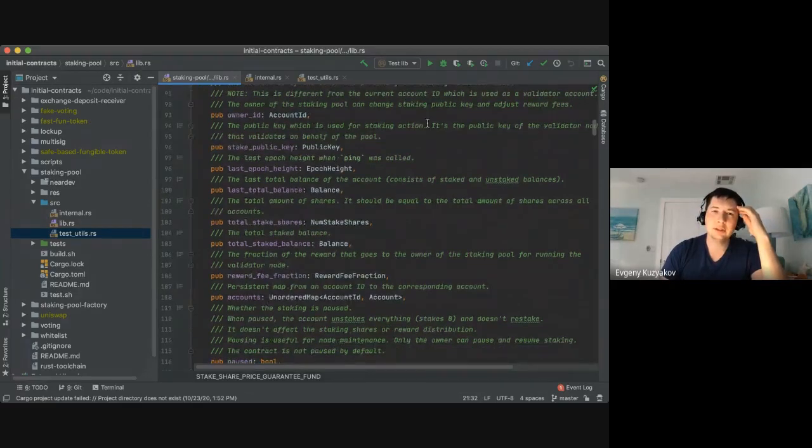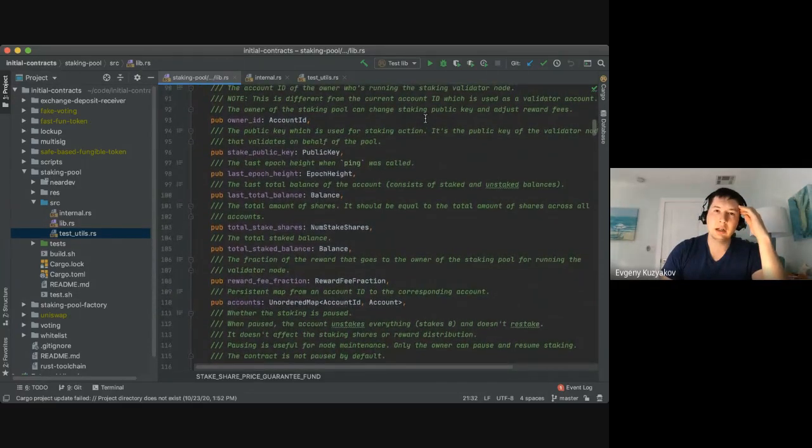The logic of the staking pool contract allows to do the following. Basically, anyone can deposit some amount of NEAR tokens to the staking pool and delegate them to the staking pool by staking on the pool.